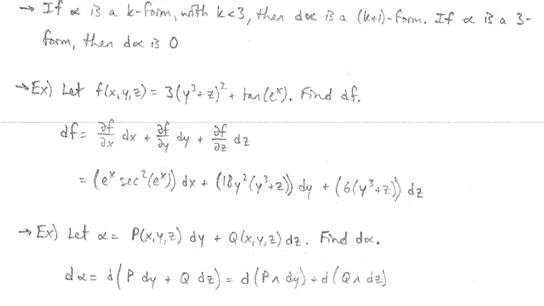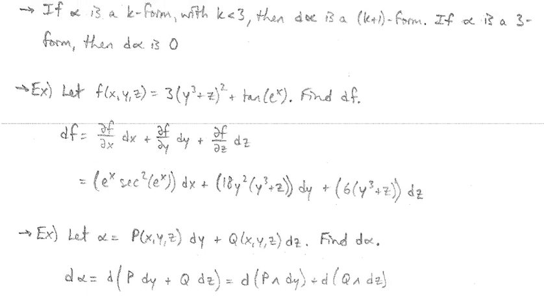So next example, we have a differential 1 form. We are going to find what the derivative of this guy is going to be. So I left these in terms of arbitrary functions of x, y, and z, and we do that on purpose because the main purpose of what we're going to use these things for, we're not going to do these things with specific things being substituted in for p and q here.